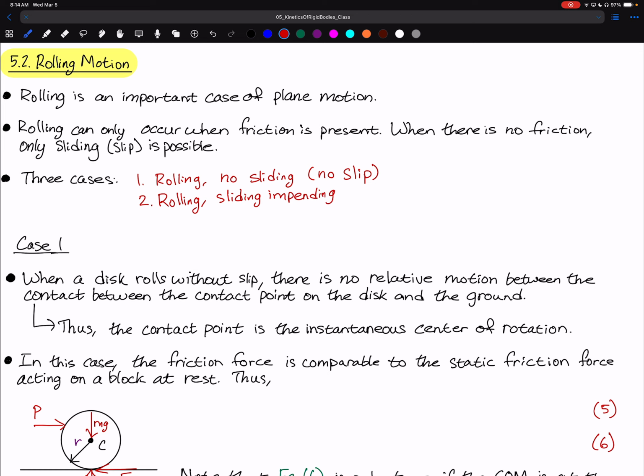And the difference between these two cases is that you will know something about the friction force for the second case, which we'll cover when we get to it. For the first case, you won't know what the friction force is. The friction force will be whatever it needs to be.